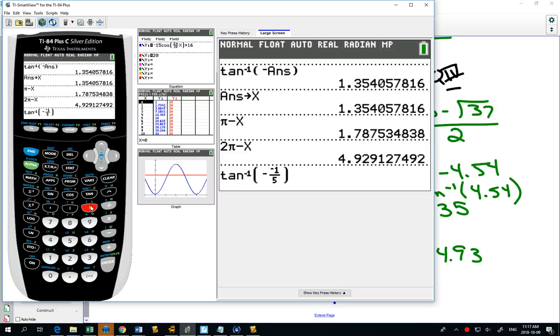Negative -1/5. It makes it positive. So since I had an answer that was negative, I put a negative in front to make it positive.